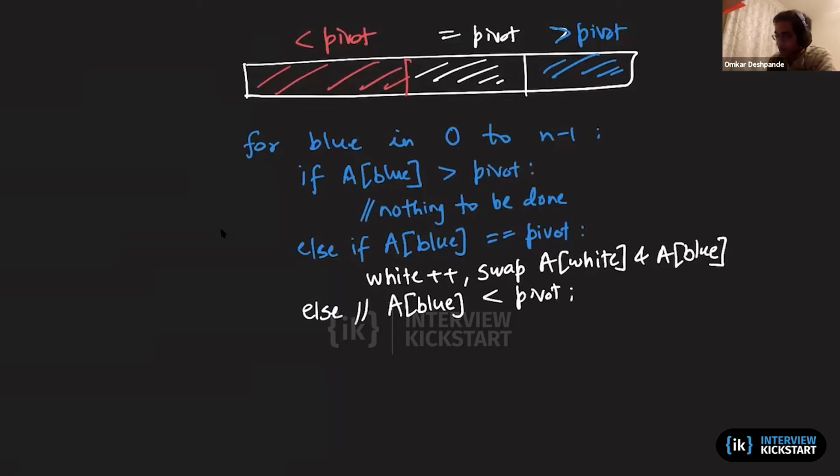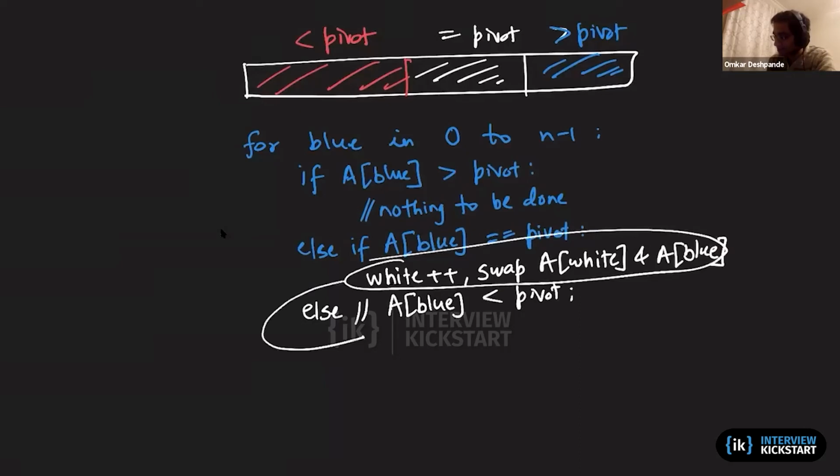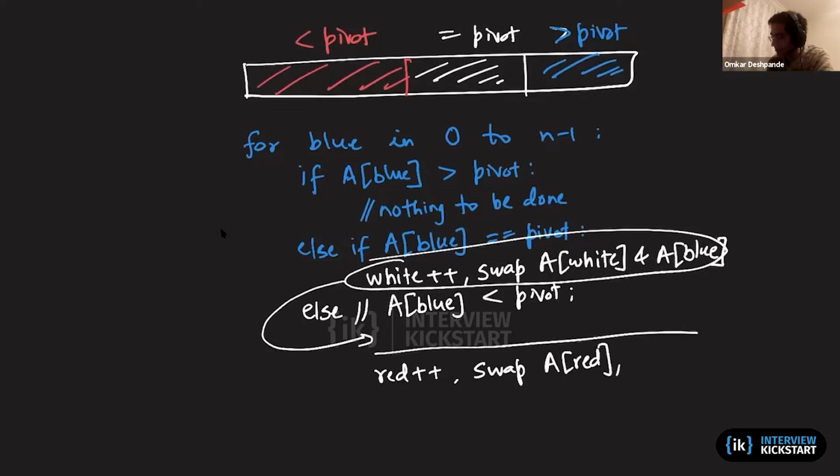So we would take this, exactly copy it here, and in addition to that, we would have the red pointer doing the same thing. Swap A of red with A of white. Red and the white pointers do the same thing which the blue and the white were doing.